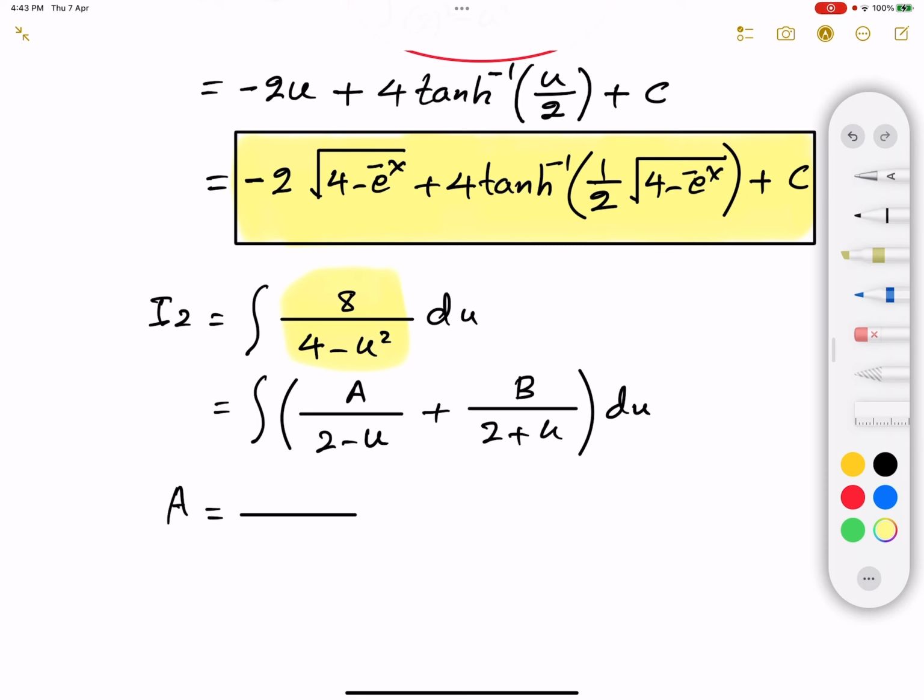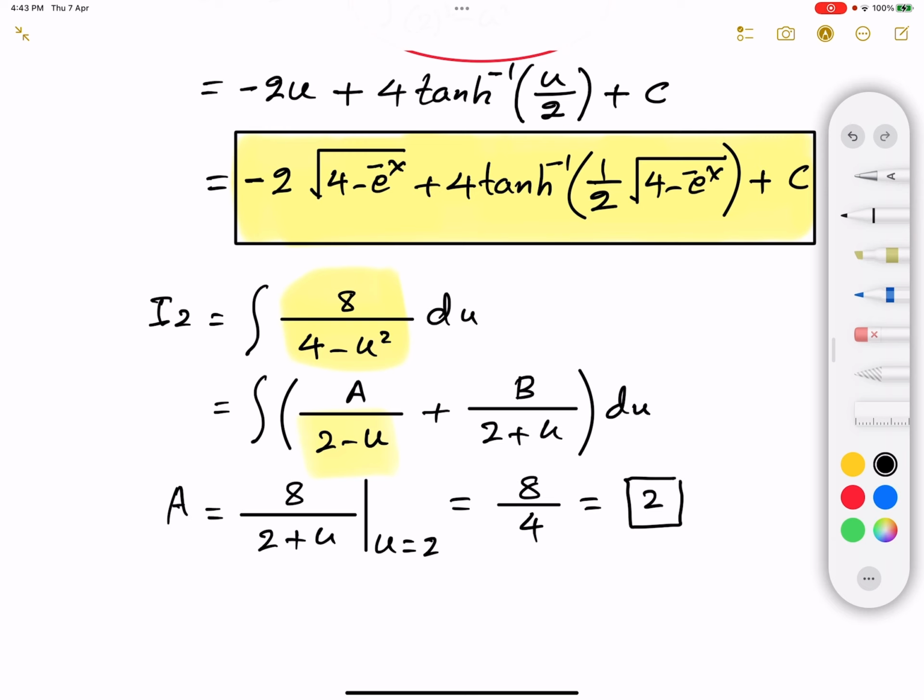If we remove 2 minus u, we're going to be left with 8 over 2 plus u, and we need to evaluate this at the root of 2 minus u. So the root is u equals 2. That would give us 8 divided by 2 plus 2, which is 4, and that would give us 2, of course. So that's the first value.